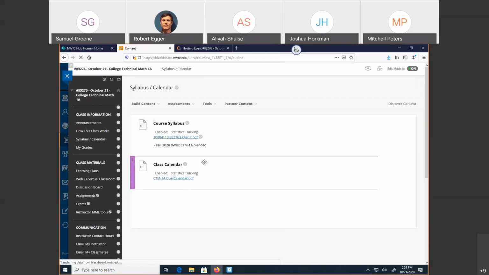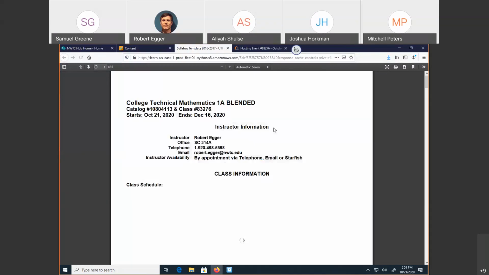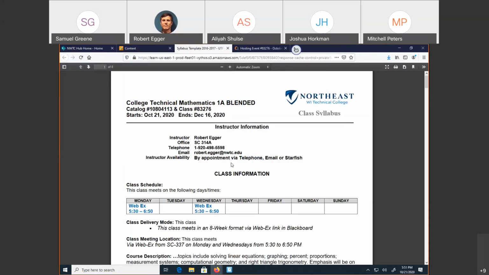Syllabus, calendar. I'm not going to bore you with the syllabus, other than the fact that it's there. It mimics a lot of other syllabuses you've probably seen already. Important thing is we meet Mondays and Wednesdays, 5:30 to 6:50. Being a totally web virtual class, I really don't have office hours.